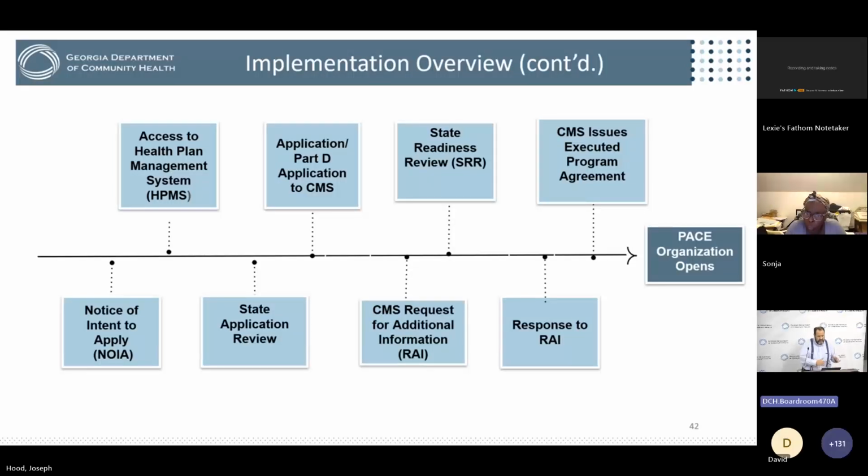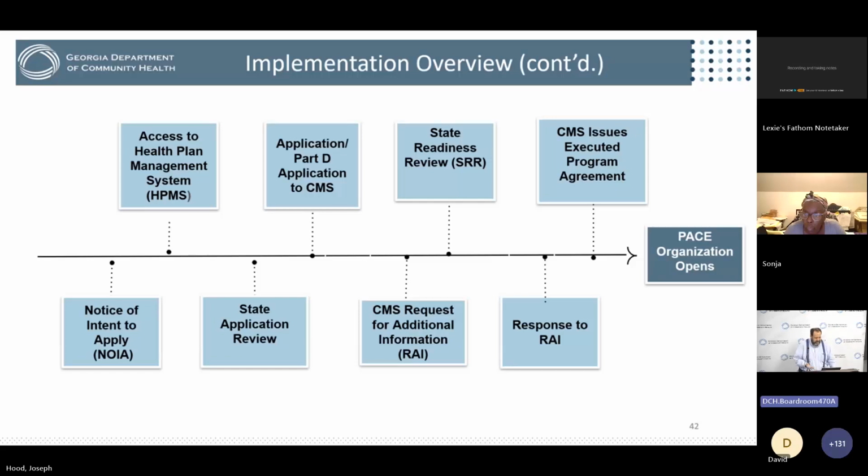This is the same thing, but with a little more information in a graphical format. We'll do a notice of intent to apply, access to health plan management systems, the state application review, and the application for Part D for CMS. CMS may request additional information in that application that has to be clarified, which in the business we typically call an RAI.